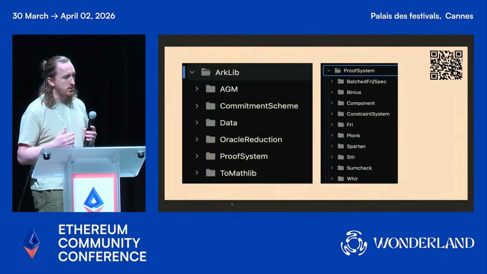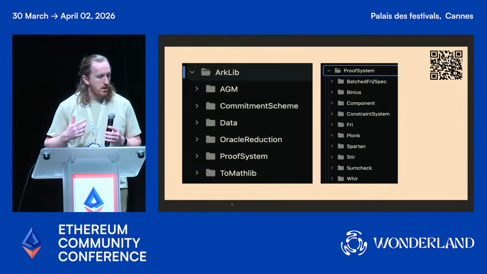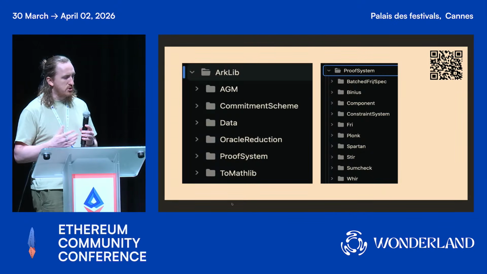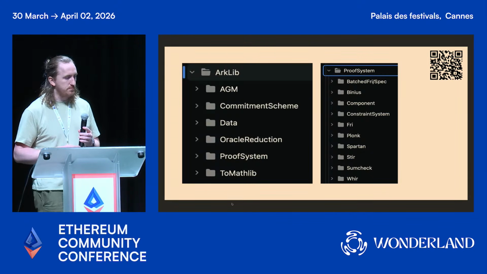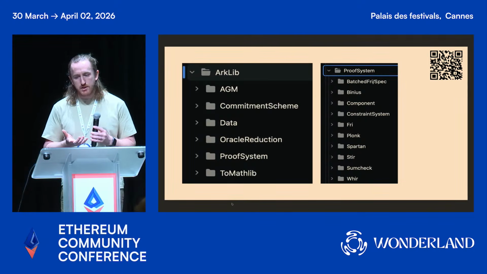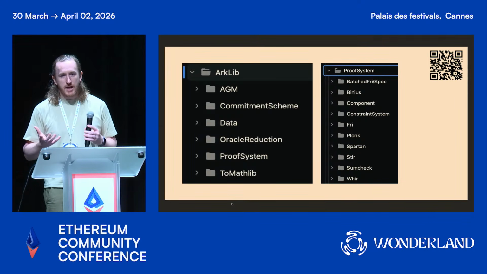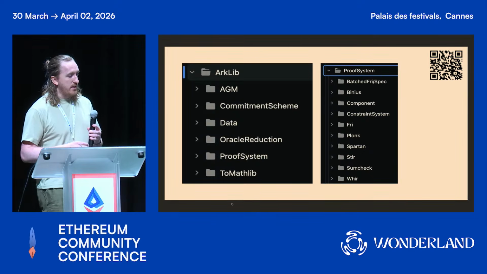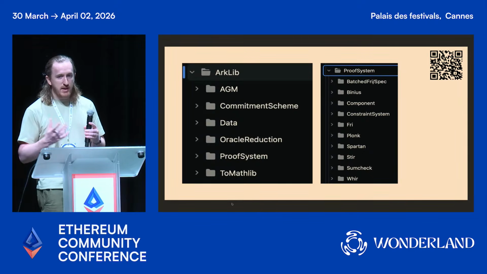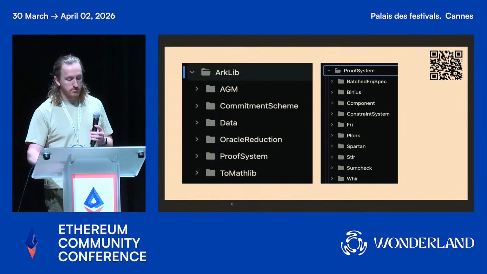And so this includes batch FRI, Binius, FRI, Plonk, STIR, WHIR, sum check. Each of these is a large task on its own to formalize correctly, and has experts working on each of these.